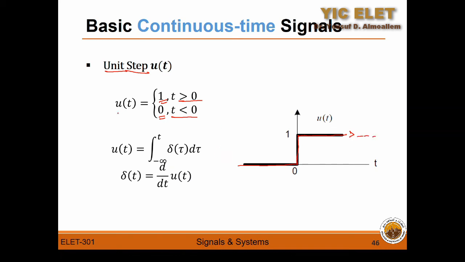What is the relation between the step function and the impulse? If you integrate the impulse function, you will get the step function, and if you differentiate the step function, you will get the impulse function.